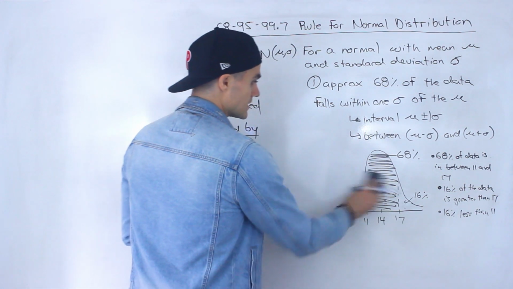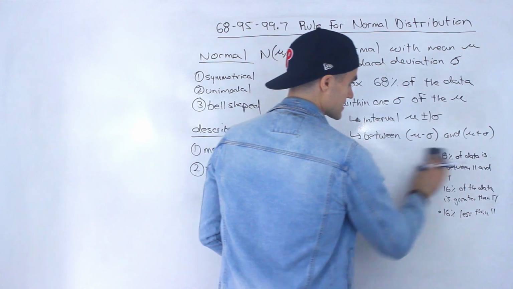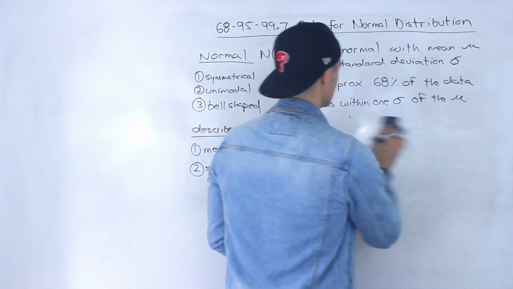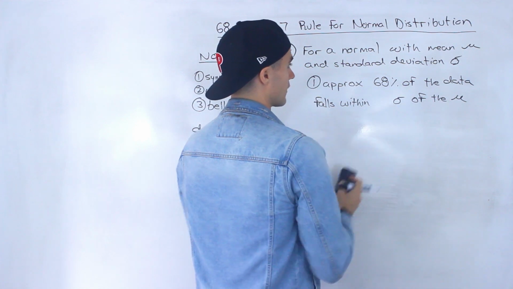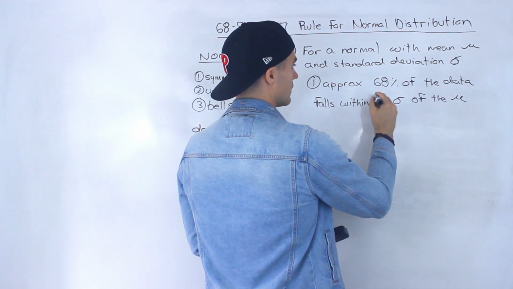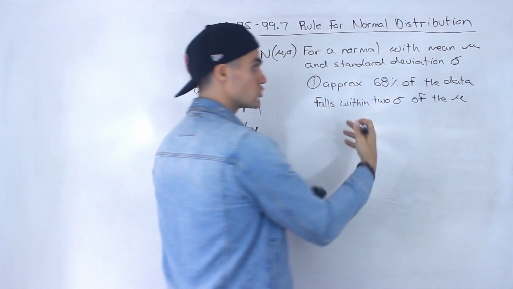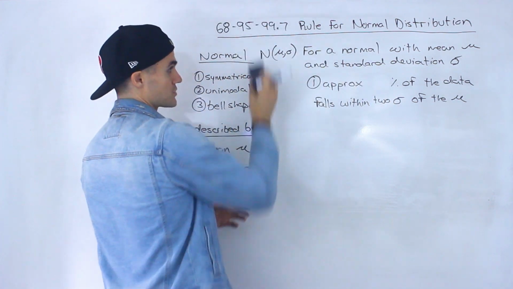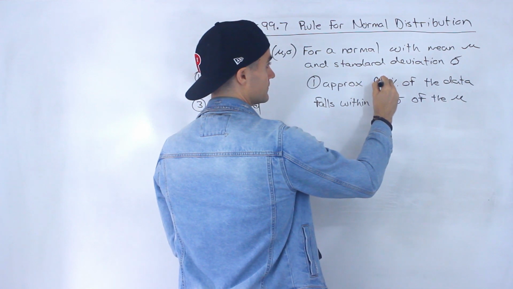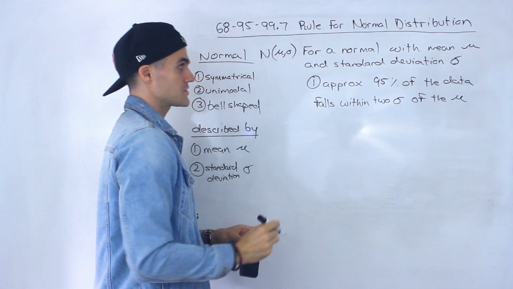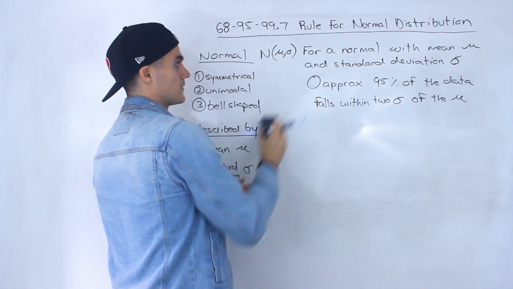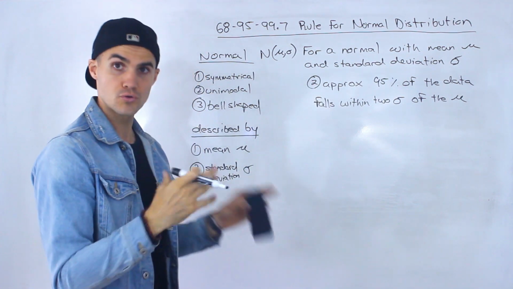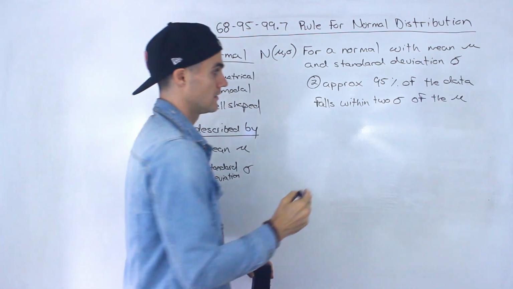Now, the second case, as you guessed it, instead of 1 standard deviation, we're going to be dealing with 2 standard deviations of the mean. And within 2 standard deviations of the mean, 95% of the data is there. So approximately 95% of the data falls within 2 standard deviations of the mean.